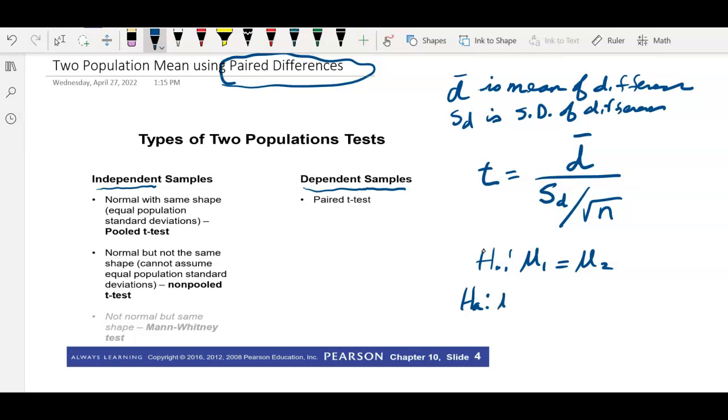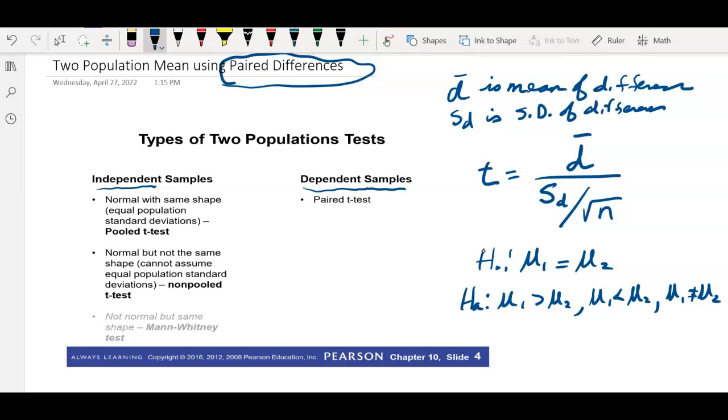What are we looking to test? Do we think mu1 is greater than mu2? Do we think mu1 is less than mu2? Or do we think they're just simply not equal to each other and we don't really care so much about less than or greater than? So your hypothesis is going to be set up very similar to what it was with your independent samples.